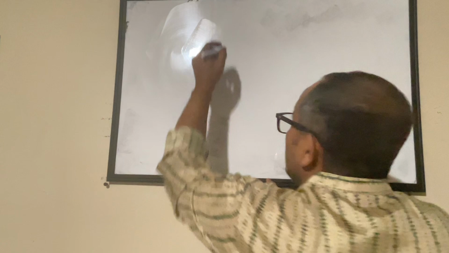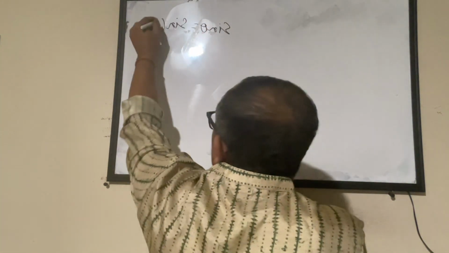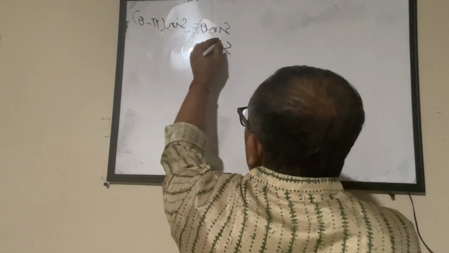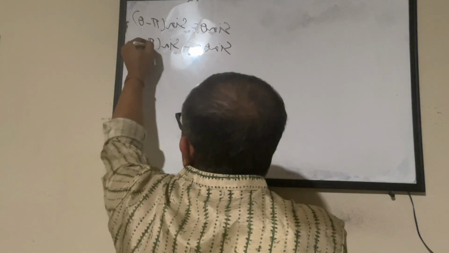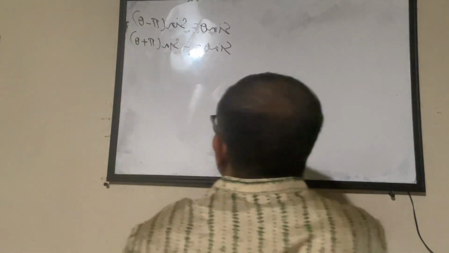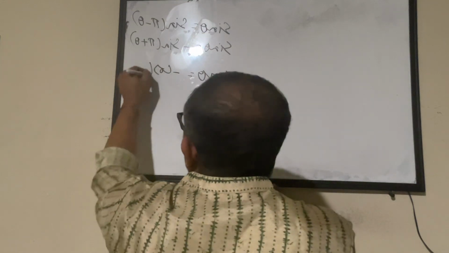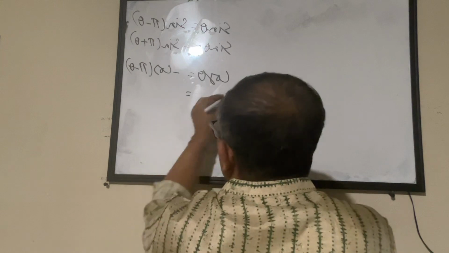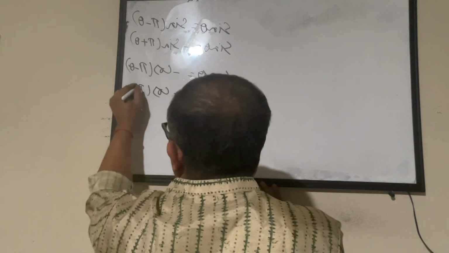A quick summary of what we have learned so far. Sine of theta equals sine pi minus theta, no doubt. Sine of theta equals minus sine of pi plus theta, and we know why. Cos of theta equals minus cos pi minus theta. Similarly, cos of theta equals minus cos pi plus theta.